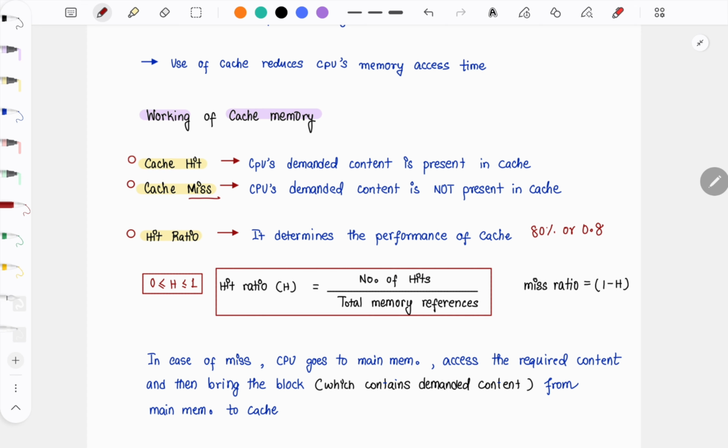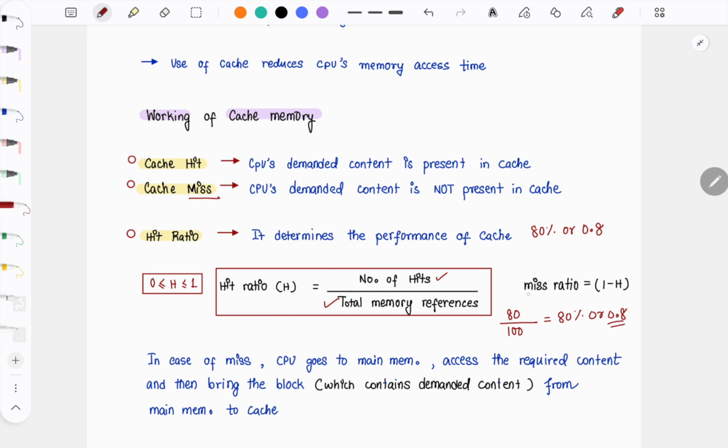The formula of hit ratio is the number of hits divided by the total number of references. So if the CPU is making 100 references or 100 requests for data, and out of which 80 of them are fulfilled by the cache, then the cache memory has a hit ratio of 80% or 0.8.